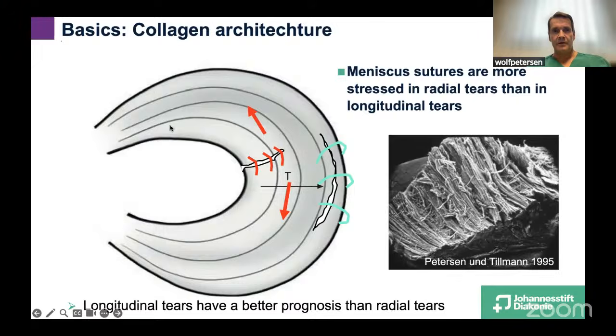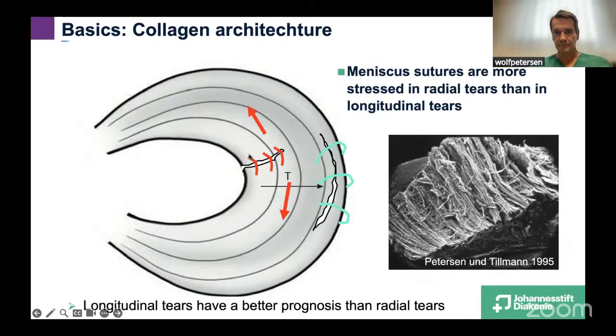Some basics. This is a schematic drawing showing the arrangement of the collagen fibers, and on the right you can see a scanning electron microscopic image. This is from my thesis back from the 90s.